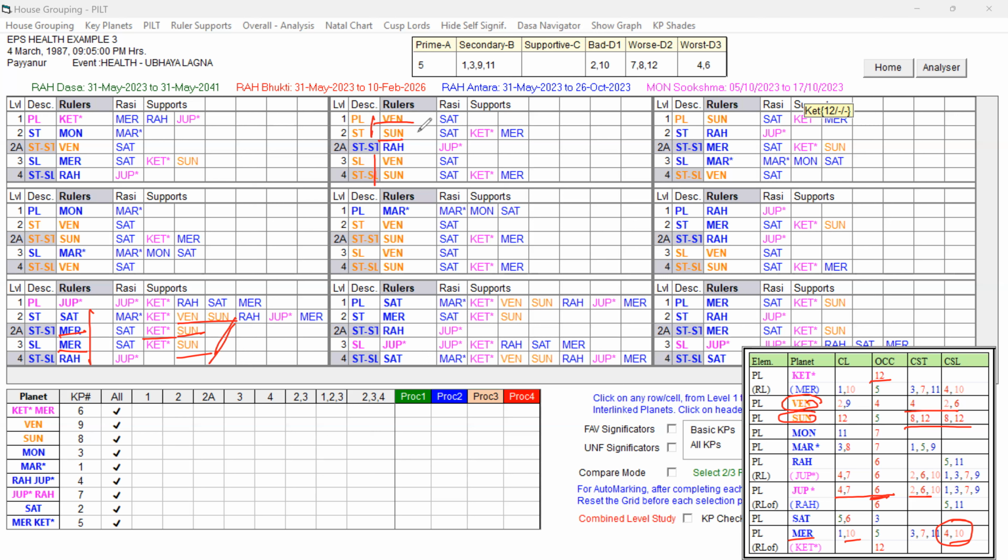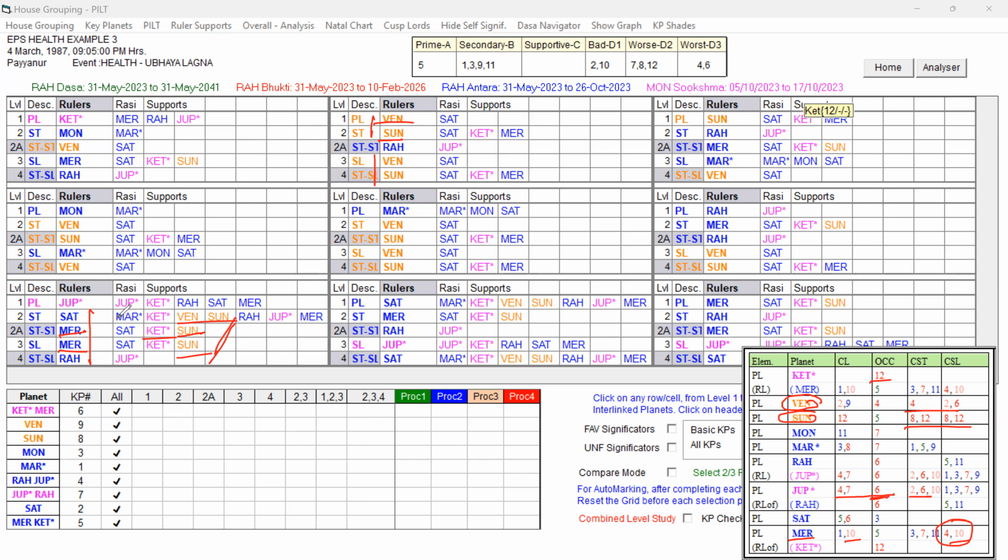Suppose the Lagna sublord is in the star or sub of this Venus or Sun as their ruler directly, then the 6th sublord Venus in the star level of Sun, sublord Venus itself, is indicating strongly unfavorable for health issues. But here, the Lagna sublord is in the star and sub not directly connected to Venus and Sun, so the impact of this Venus and Sun will be comparatively lesser.